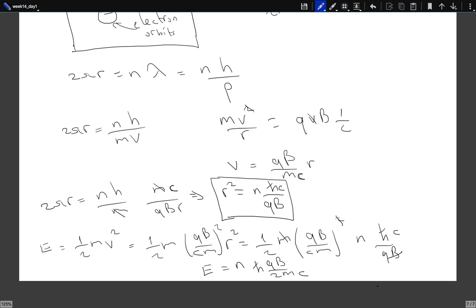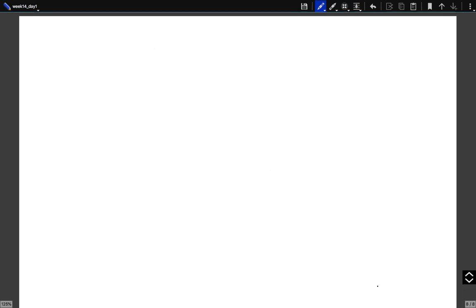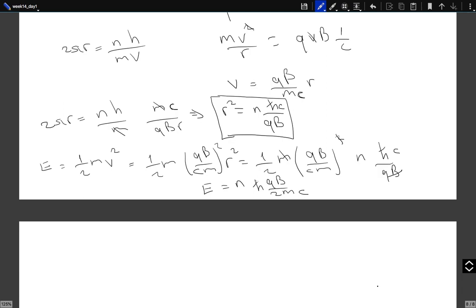Well, of course, this is a very crude approximation. If you solve it properly, it turns out that the energy levels are quantized. This is E equals ħ times B over mc, times (j plus 1/2).